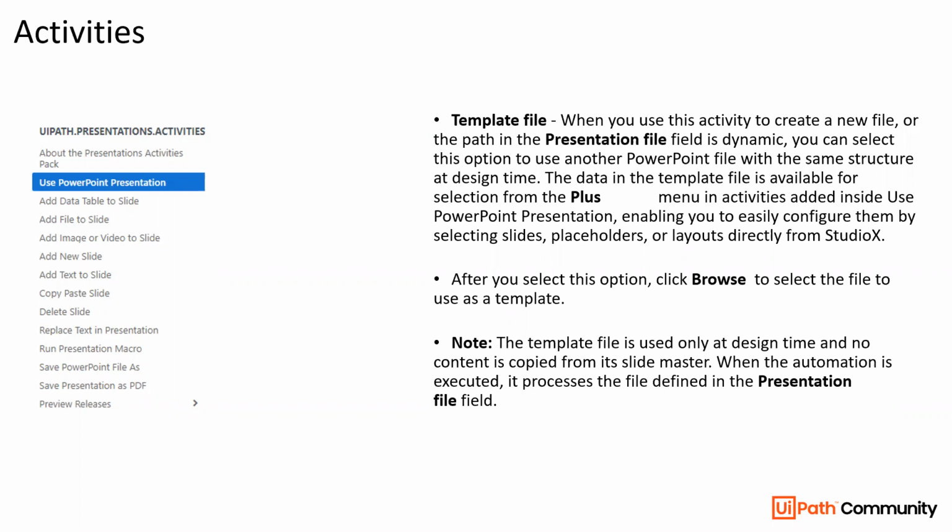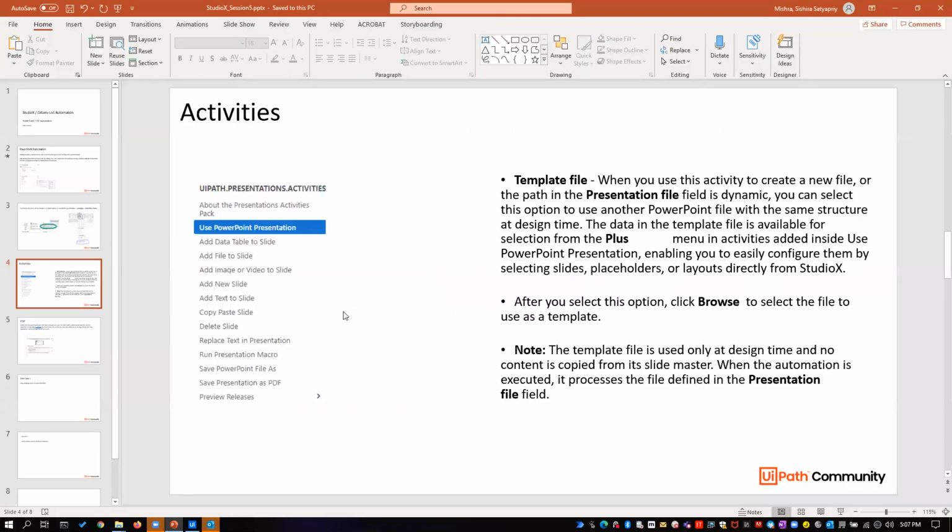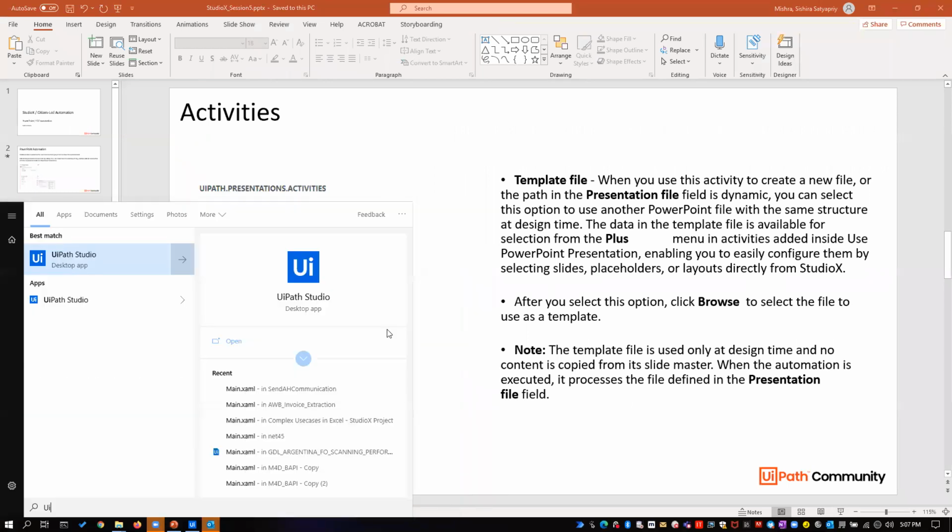Some key components also include exporting the PPT into a PDF file. We'll do this in today's use case as well. So these are all different activities. Let me switch back to the development window and show you what is available and how we really do that in real time.